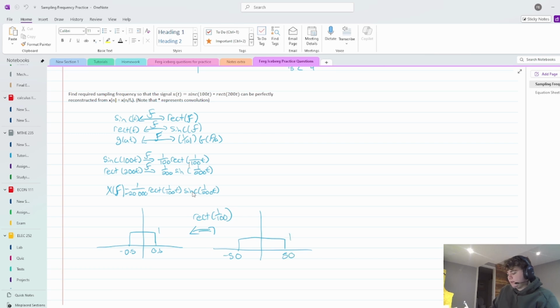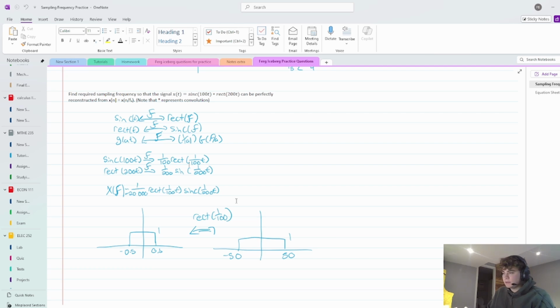And anything past this plus 50 or this minus 50 will actually end up being 0, and that's even with the sinc function. So the sinc function is limited by this frequency of the rectangular function, because even past the frequency of 50 where the sinc function might have some sort of value, since the rectangular function is 0, the overall function will be 0, since 0 times whatever is still 0.